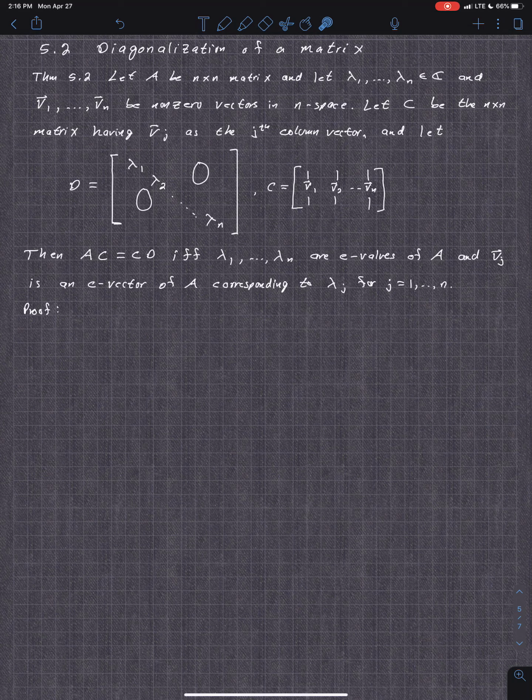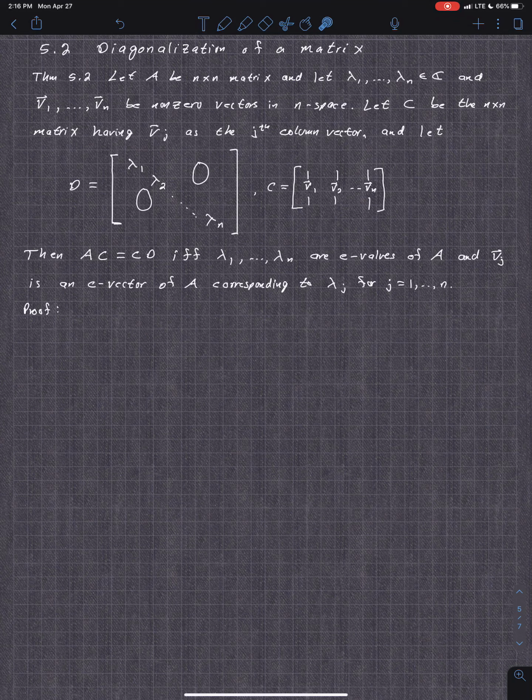This is one of the major theorems, the concept of diagonalizing a matrix. You take a matrix, and essentially it's like factoring it. You're factoring the matrix into simpler forms of matrices so that you can operate on the matrix much more easily. This is the first step in that discussion.